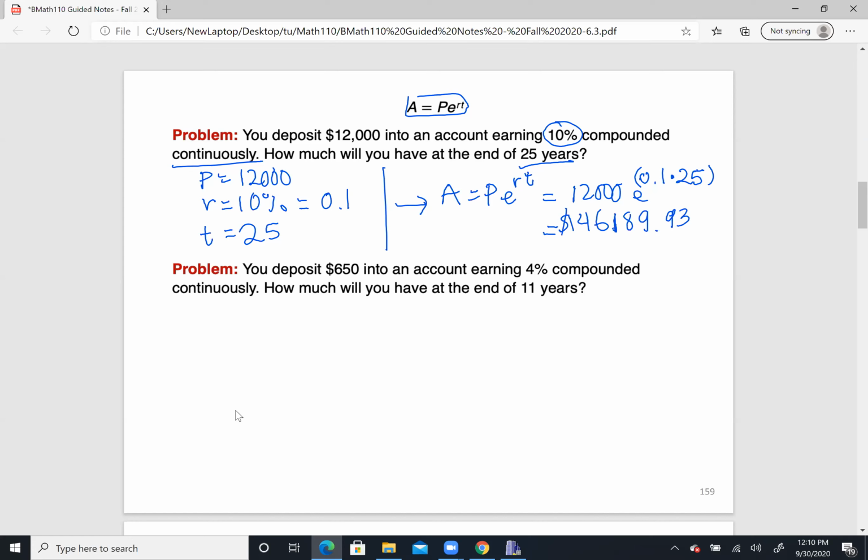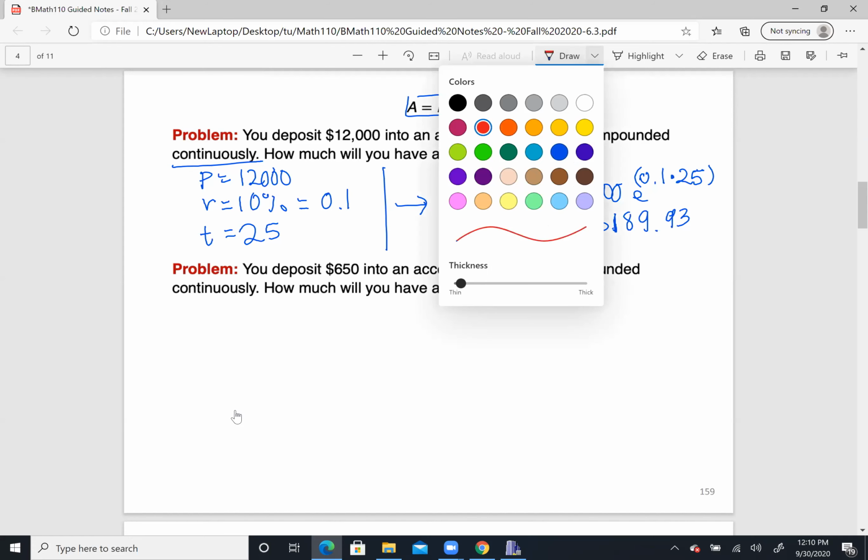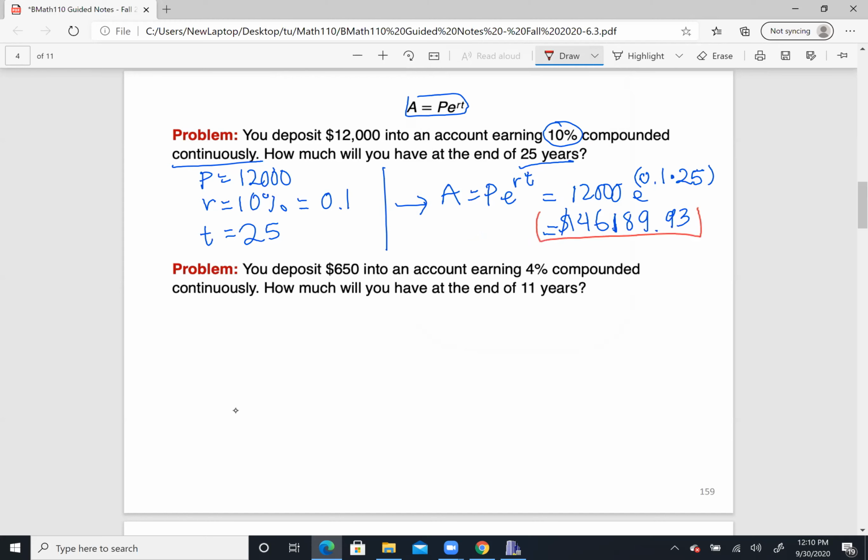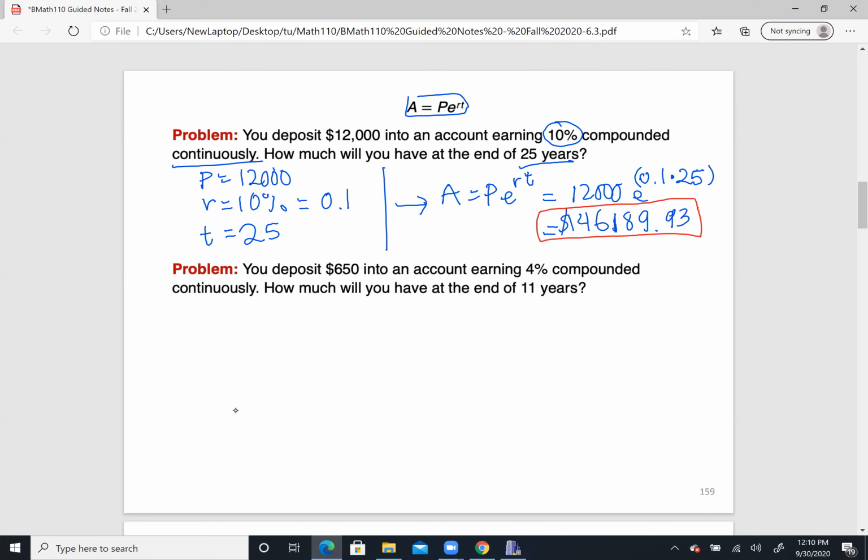So that's going to be the amount of money you will have after 25 years. Let me use the color and circle this, because that should be the answer.